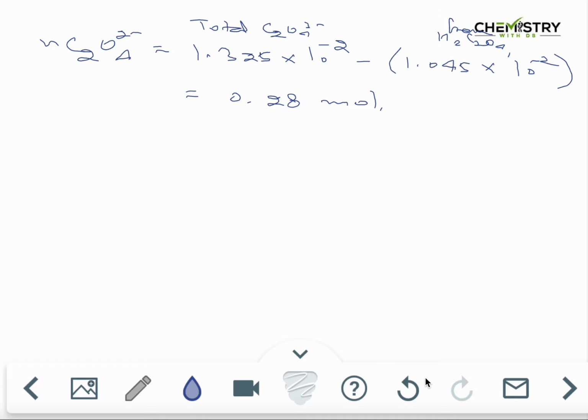So the number of moles of sodium ethanedioate is 0.28, in those units.